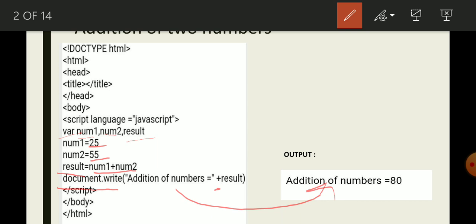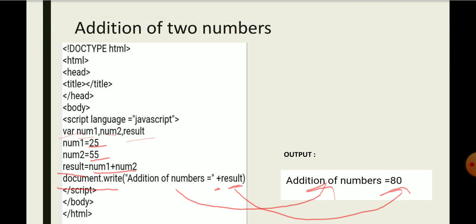If you are writing result inside double inverted comma, then you will get the word result as an output, but what you want is to display the value stored in the result variable, not the word result. So after double inverted comma write down plus operator and result variable which displays actual result.